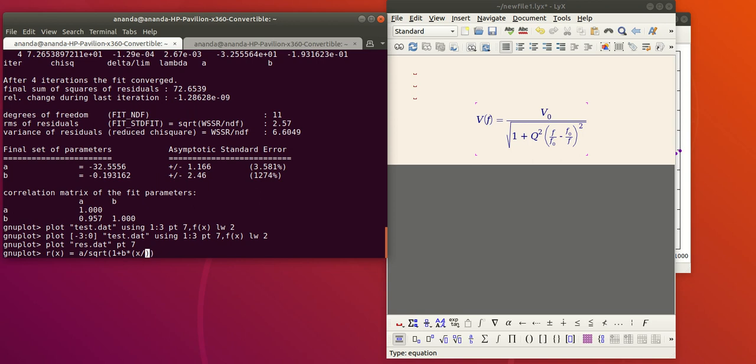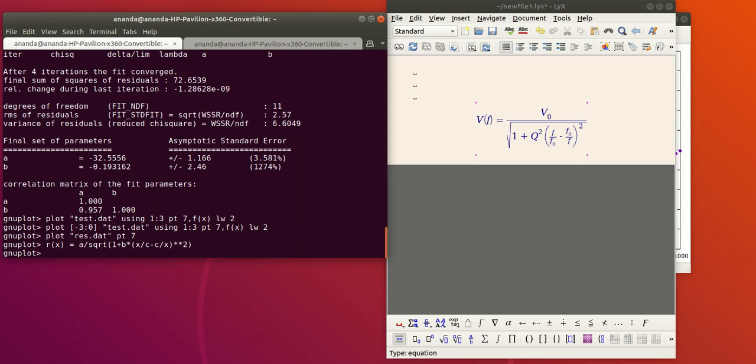So x by, well, I could say f0, but let's say c, doesn't matter, minus c by x, that has reproduced the bracket, then I have to square this. So my function r of x has been defined.